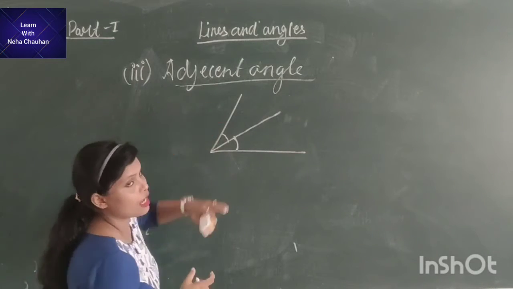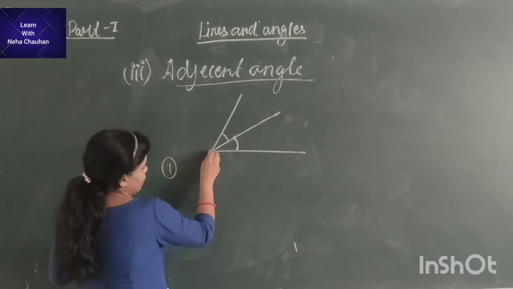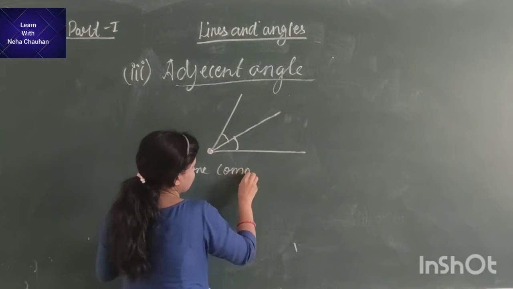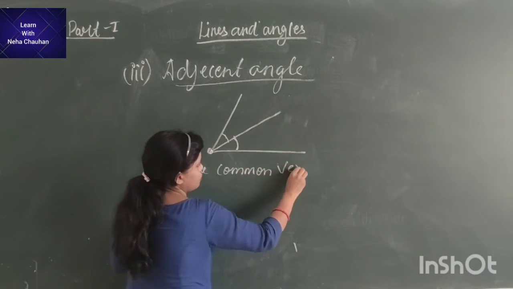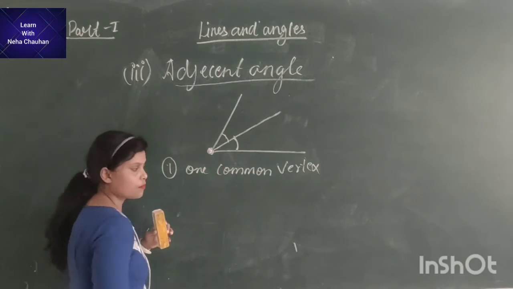But these angles have three properties. What are these properties? First is one common vertex. This is the common vertex, all right?